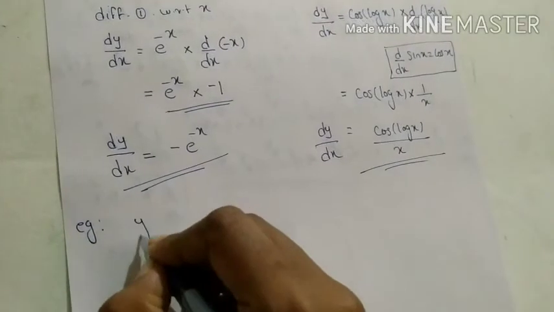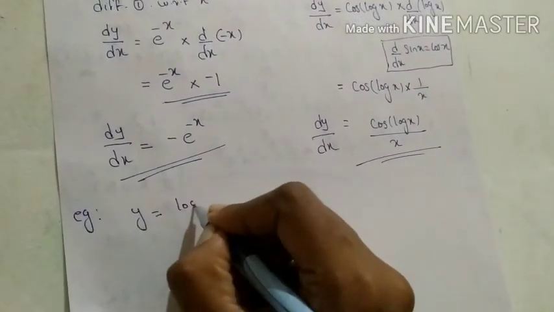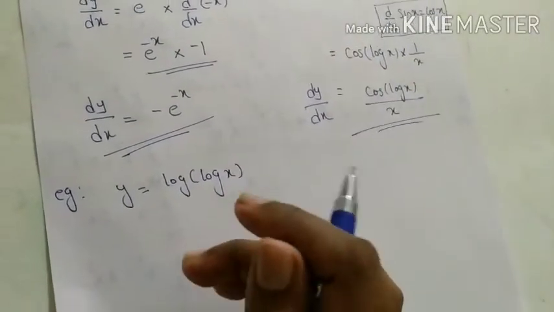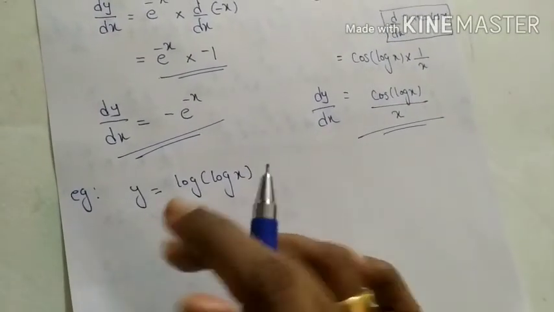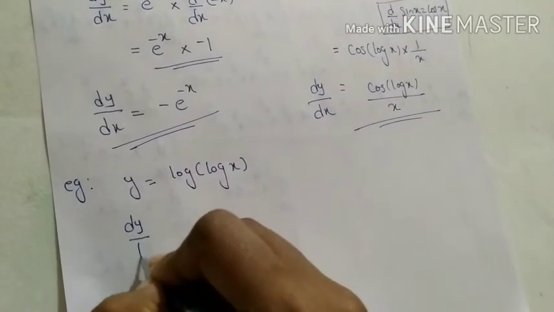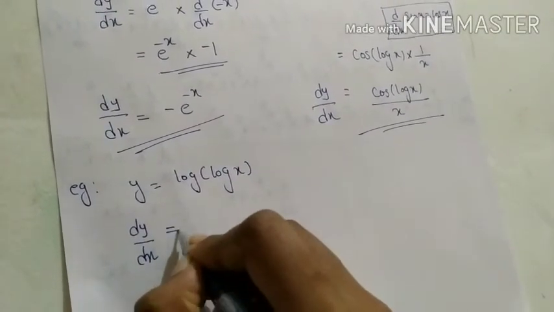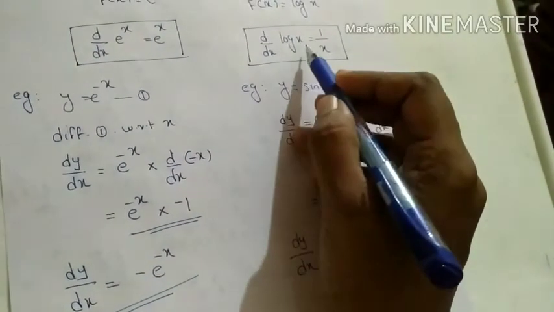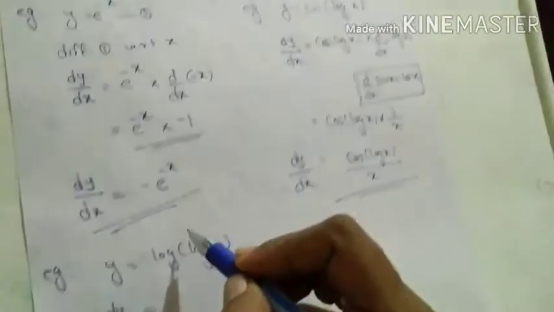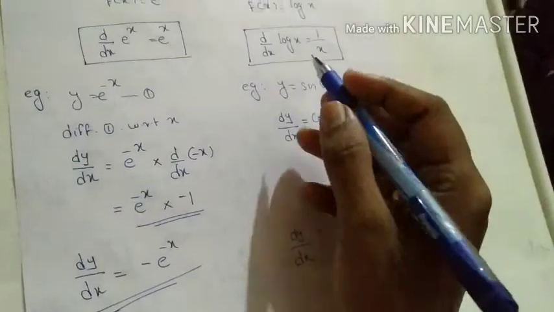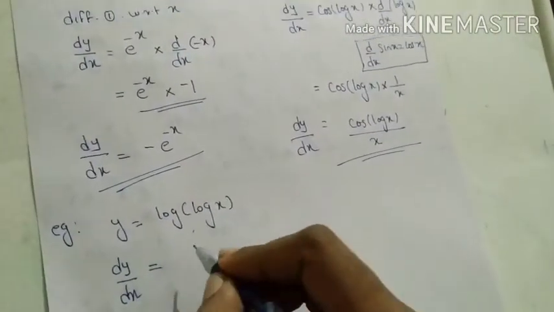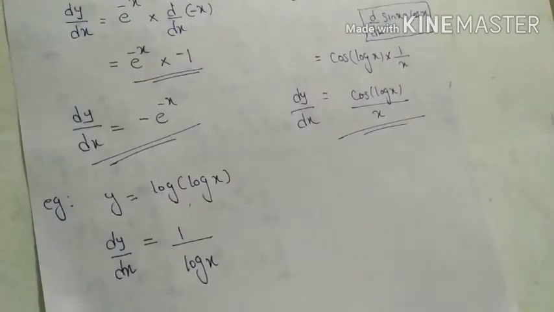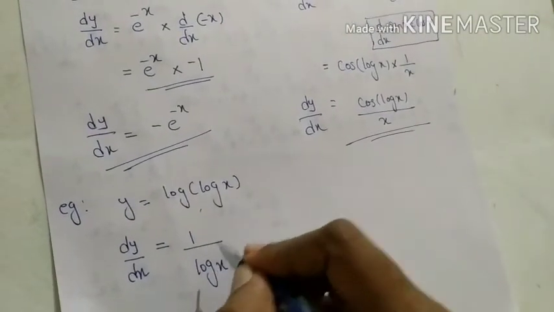Let y equal to log of log x. Differentiate with respect to x on both sides, we get dy by dx on LHS, and on RHS, we know that the standard form of derivative of log x is 1 by x, but compared to this, here x is log x, right? So replacing this x by log x, we get 1 by log x. Here log x is another function.